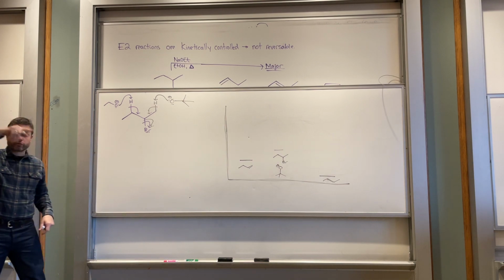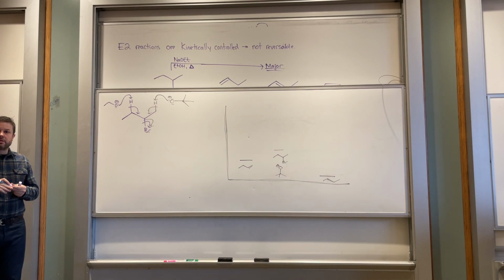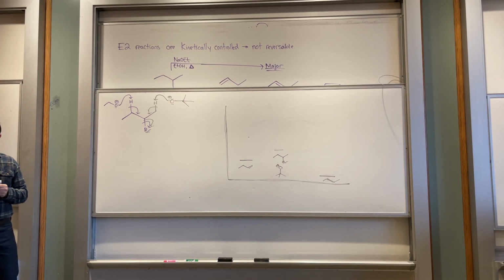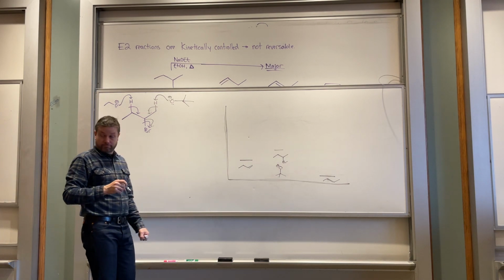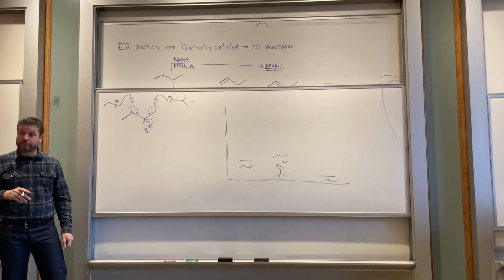These are E2 reactions, so they happen in one step. How would we draw the transition states leading to these two products? E2 is only going to be one step, which is the rate limiting step.